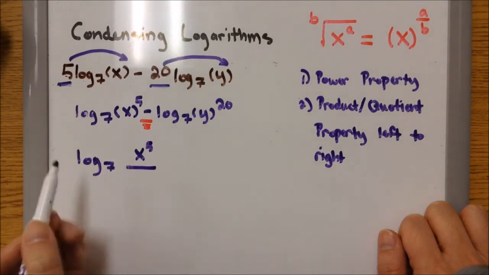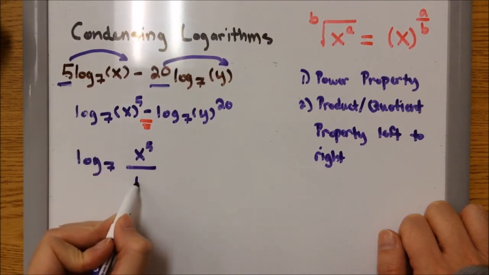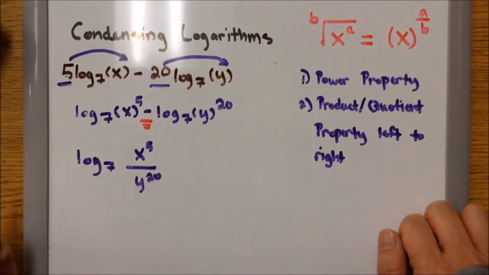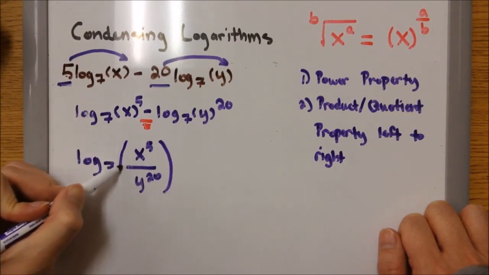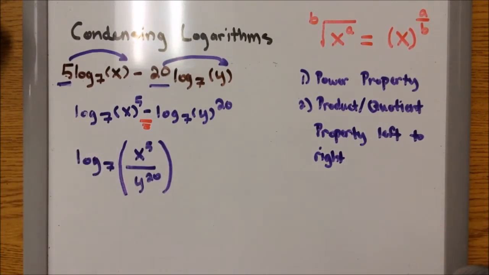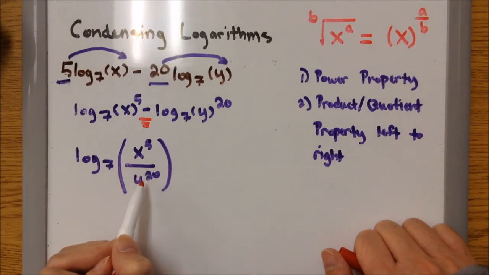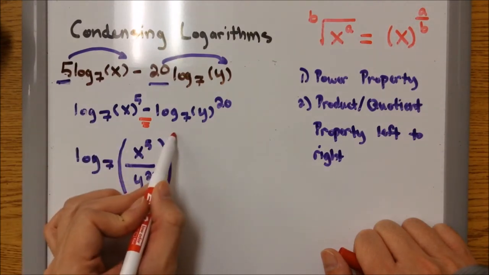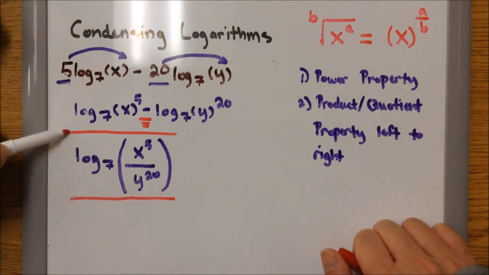And then fraction line, and then what comes second is our denominator, so y to the 20th power, and then I'm going to close it with parenthesis, and then there's nothing else I can combine or rearrange, so that's pretty much our answer. So it's log base 7 of x to the 5th power divided by y to the 20th power, and then this is our final answer.